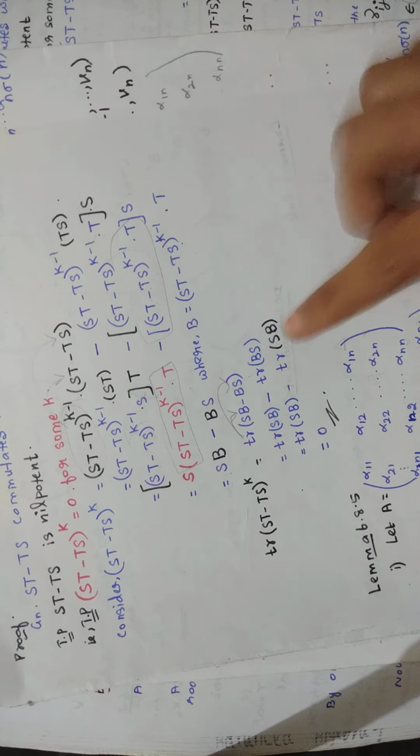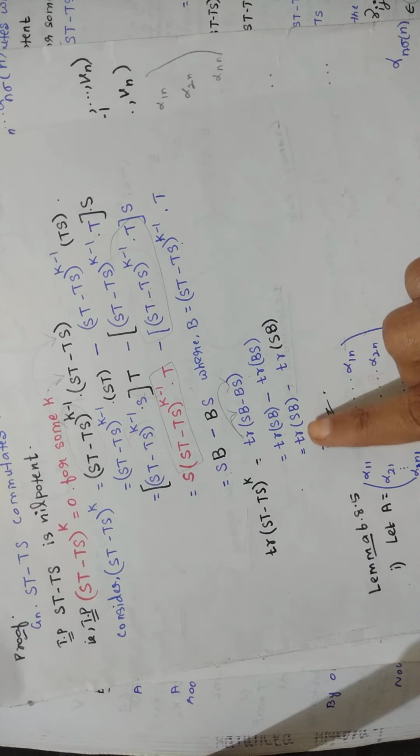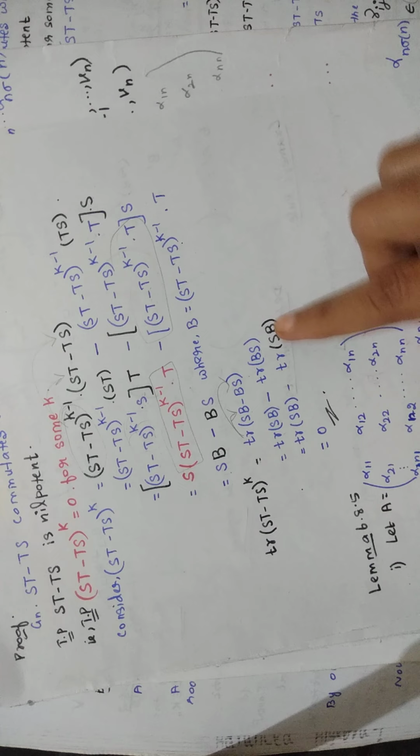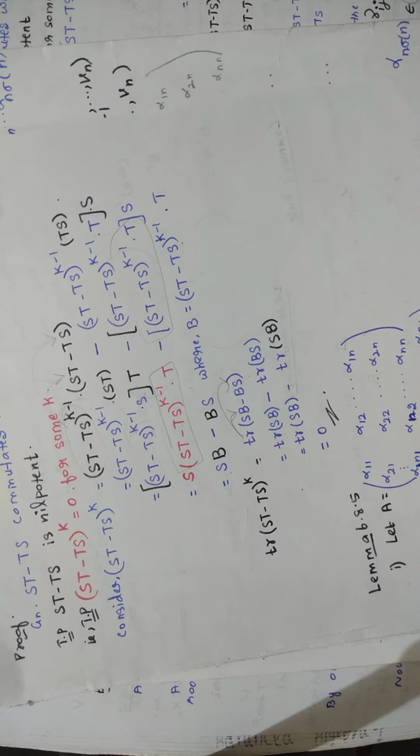You are doing that adjustment here, and after that, you know that trace sb minus trace sb is 0, right? So finally you got our answer. Finally, we have proved st minus ts is nilpotent.